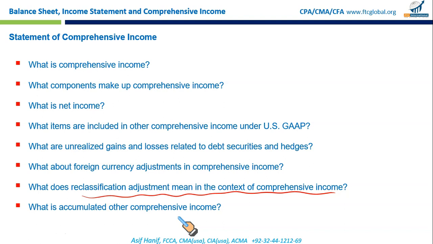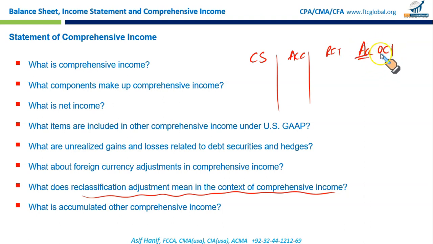Then we have what is the accumulated other comprehensive income. Accumulated other comprehensive income, basically, is one of the components in the balance sheet. We have various components of equity: additional contributed capital, common stock, retained earnings, and in that set of equity accounts we have an account called the accumulated other comprehensive income.